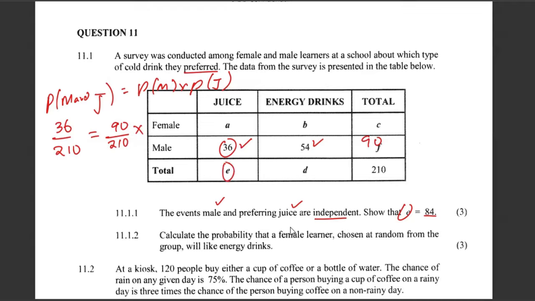So we're going to say E over the 210. So 210 is common everywhere, so we can multiply through by 210, even this side times 210. So the 210 cancels the 210. So we're going to have 36 is equivalent to 90E over 210.